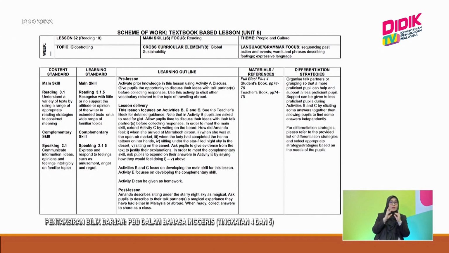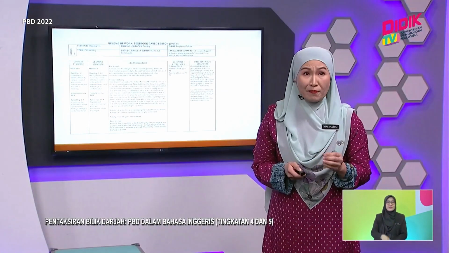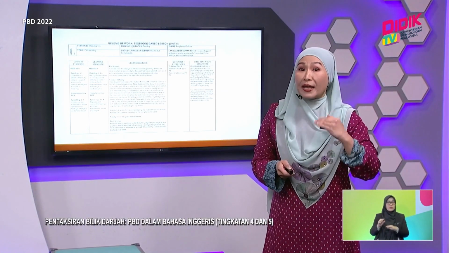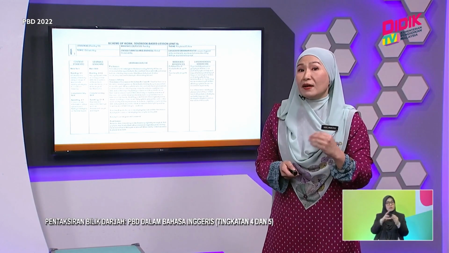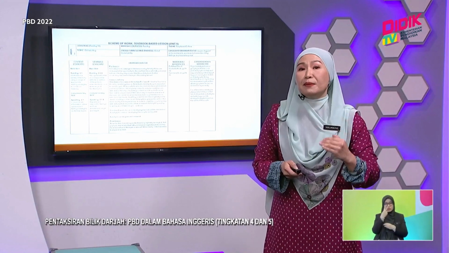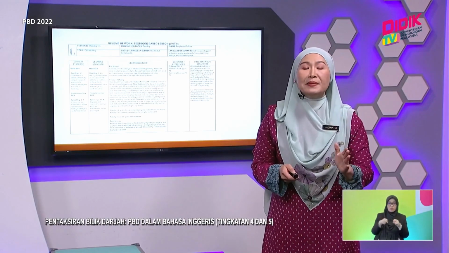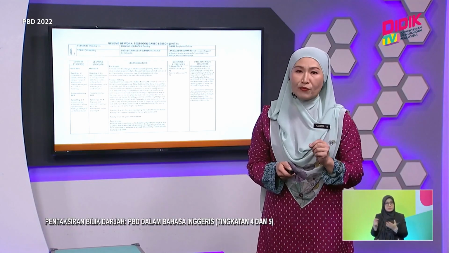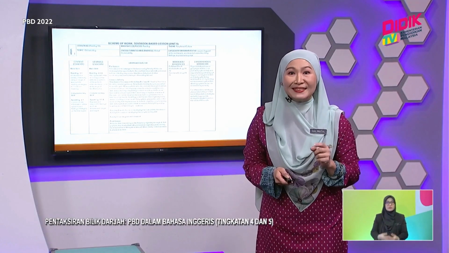So teachers, if you feel that you want to assess a few of your pupils, especially more able pupils, to see if they are able to produce and improve their TP for their speaking, by all means, please do so. But for today, I'm only going to focus on the reading skills.